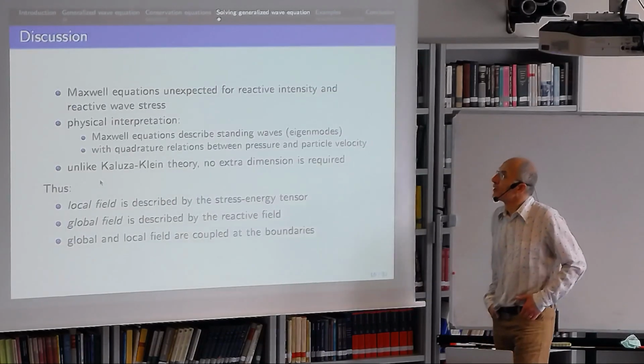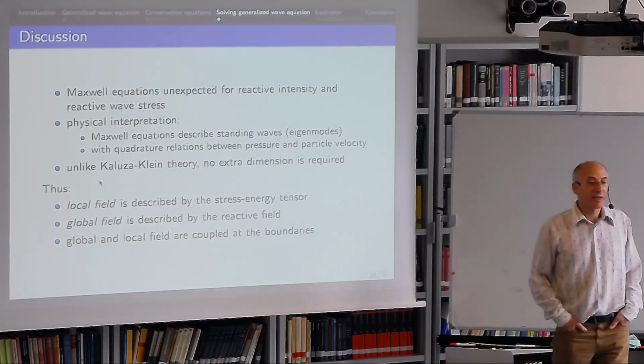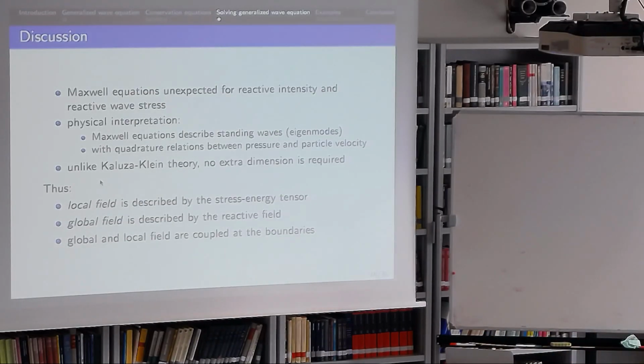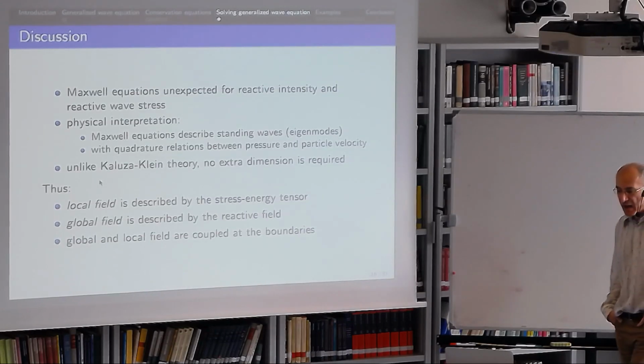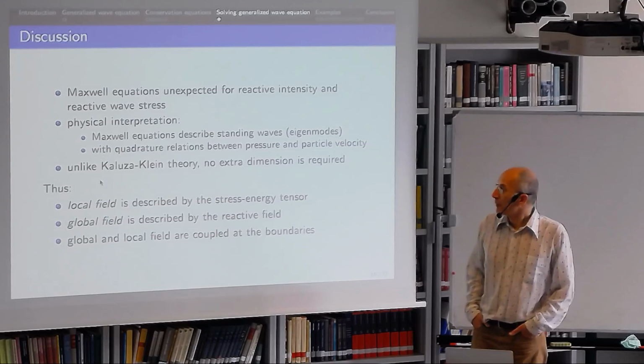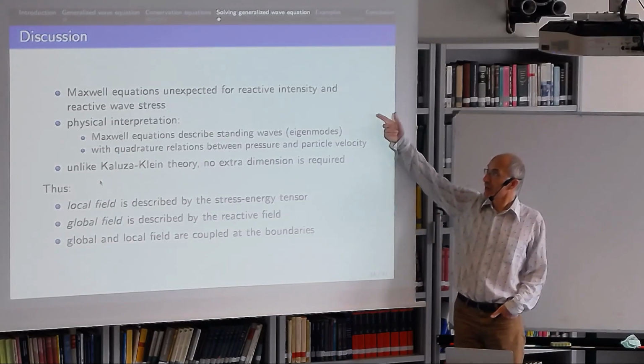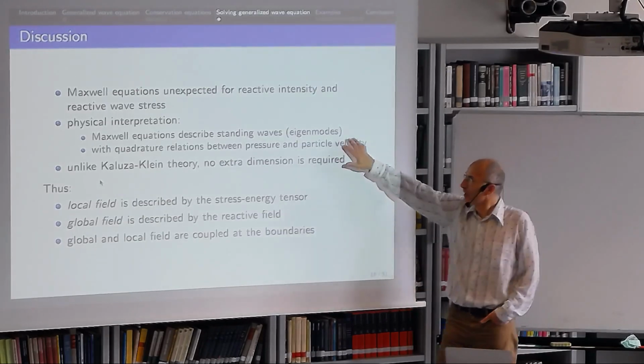So far, what did we obtain? We obtained unexpectedly the Maxwell equation for reactive intensity and reactive wave stress. So, what is the physical interpretation? The physical interpretation is, actually I put it the other way around.